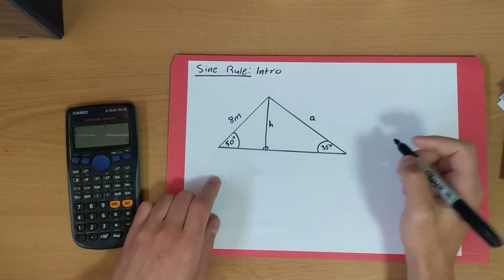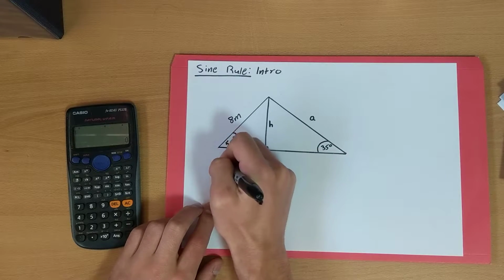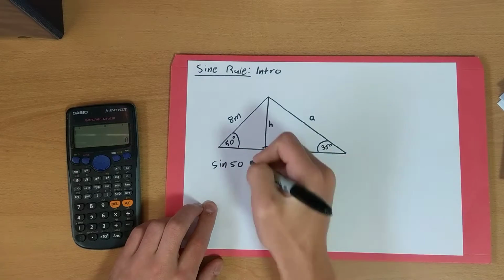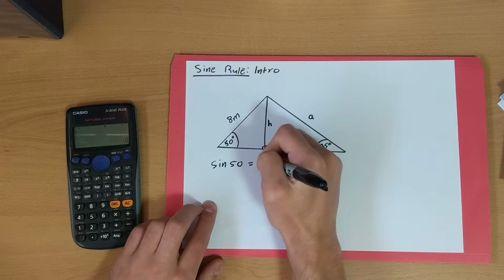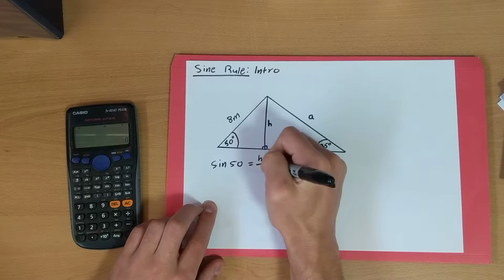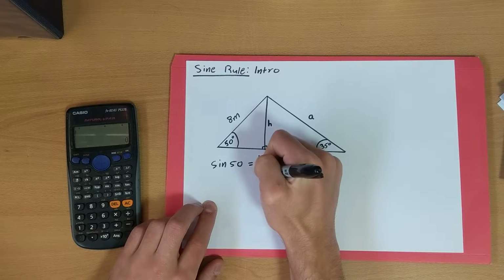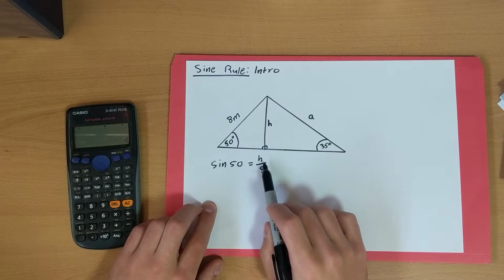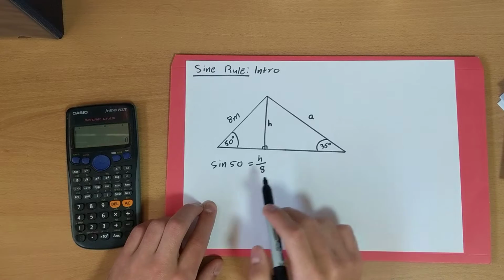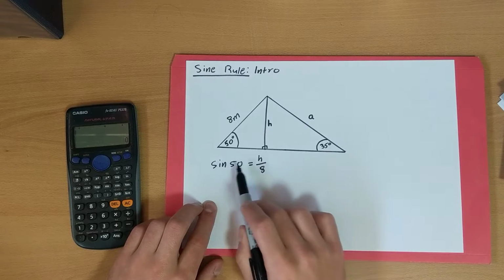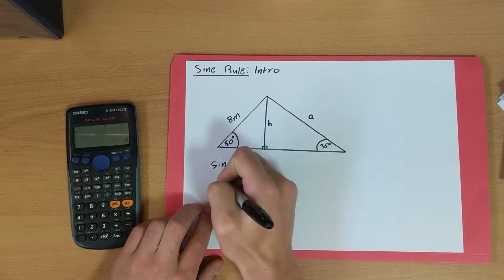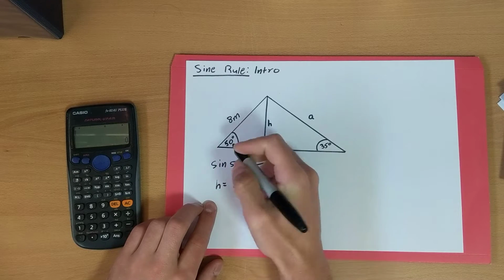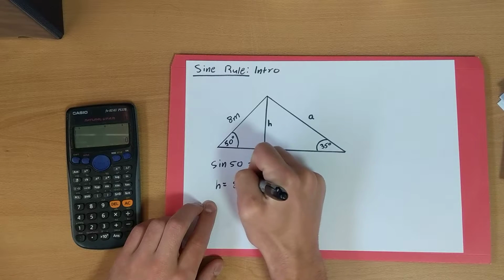So I get that sine of the angle, sine of 50 degrees, equals the opposite, which is H, over the hypotenuse, which is 8 meters. Sine 50 equals H over 8. I'm going to rearrange that by multiplying both sides of the equation by 8 to get that H equals 8 times sine 50.